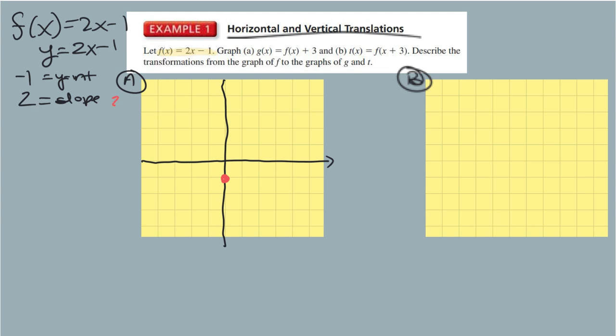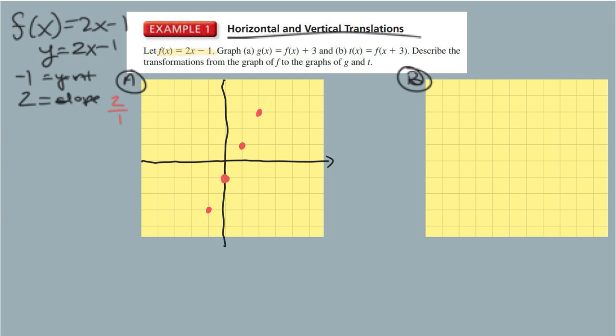Because it's going to be 2 over 1 for our slope. Move up 1, 2, over 1. And vice versa, we could go downward, right? The more points we have, the more precise a line we can achieve.